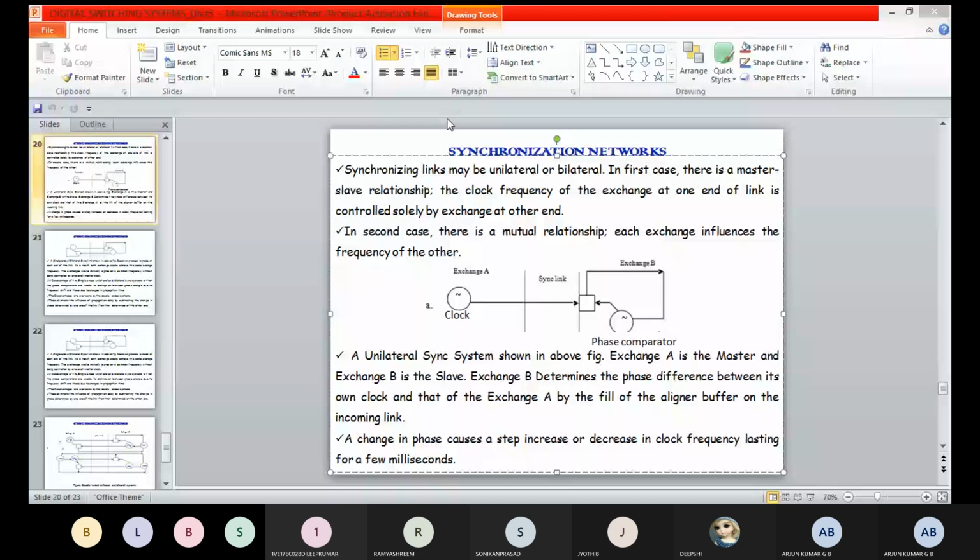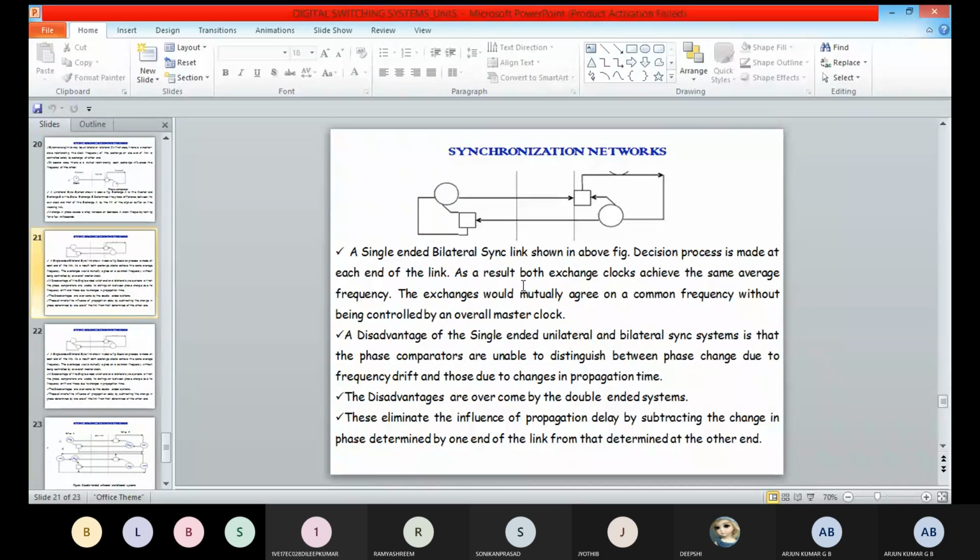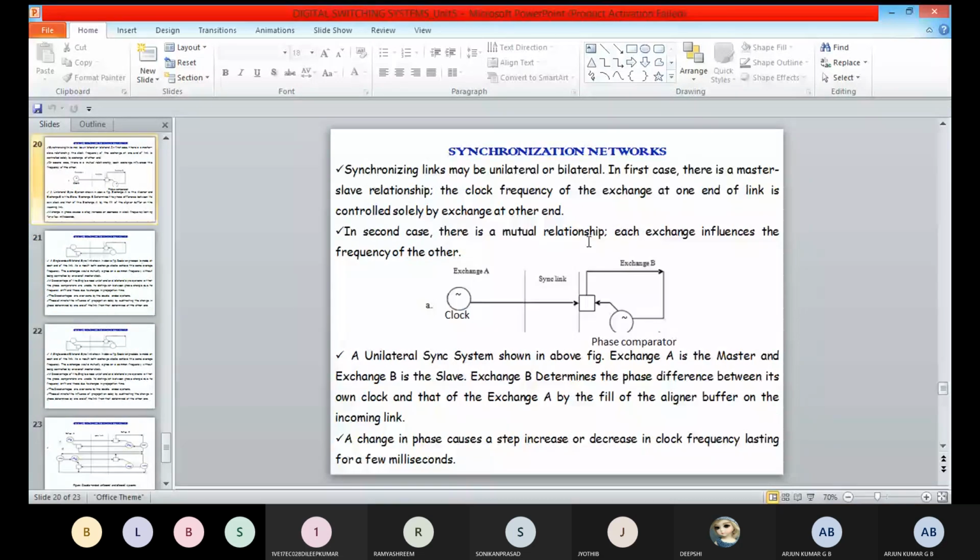Okay, the decision process is made at each end of the link. As a result, both the exchange clocks achieve the same average frequency. The exchanges would mutually agree on a common frequency without being controlled by an overall master clock. We can observe this figure for the mutual relationship. Initially I told you there are two cases: one is master and slave, and the other is the mutual relationship.